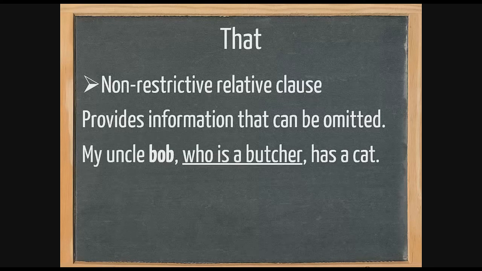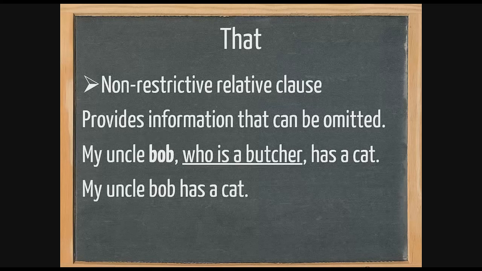For example, my Uncle Bob, who is a butcher, has a cat. Now, the sentence, my Uncle Bob has a cat, is a perfect sentence which is grammatically correct and makes sense. So, who is a butcher here is additional information, but it's not essential to making the sentence grammatically correct or coherent.